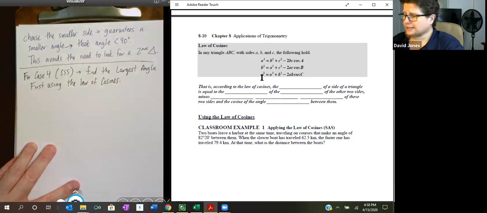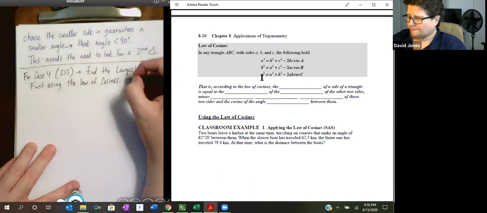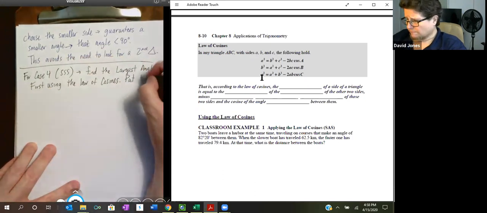How do we do this? Put the biggest value by itself.